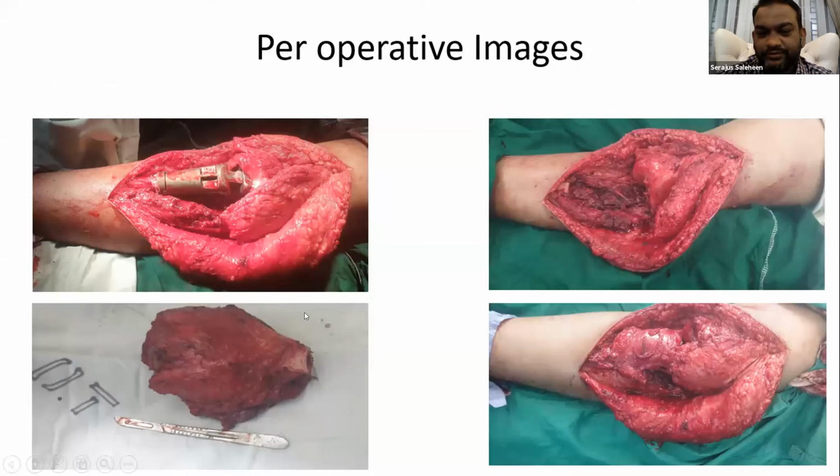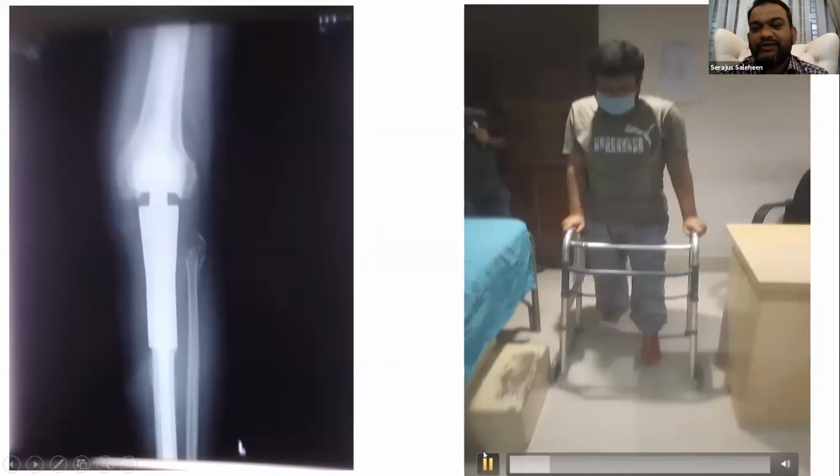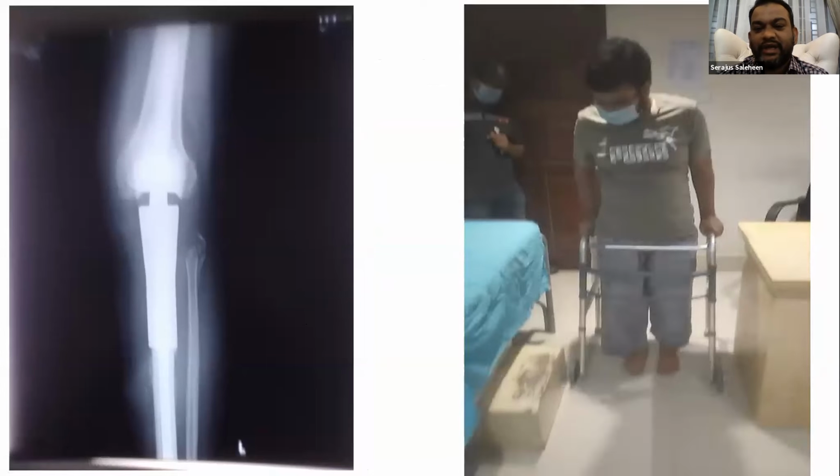This is the tumor, and after endoprosthetic replacement, always in the proximal tibia, I have done a gastrocnemius flap to save the prosthesis. And this is the post-operative X-ray, endoprosthesis of the proximal tibia, and 3 weeks after surgery, the patient is walking with a walker.